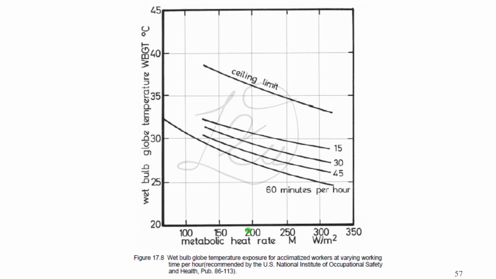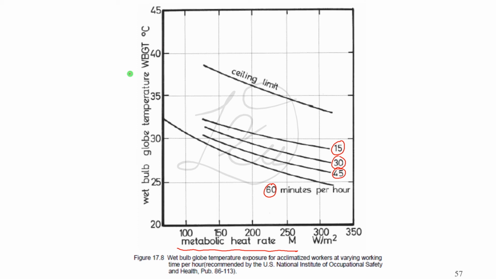NIOSH has employed wet bulb globe temperature as a heat stress standard and recommended the exposure limit shown on this chart at varying working time per hour. At different metabolic heat rate and different working time per hour, the limit wet bulb globe temperature can be read from here.